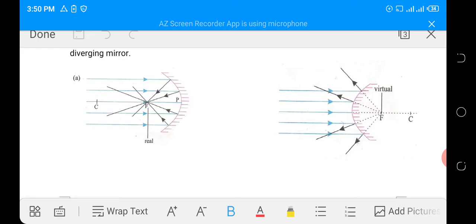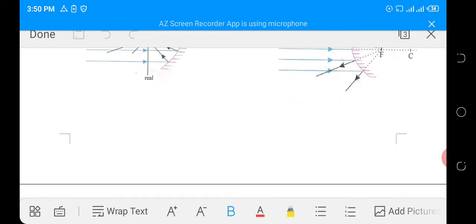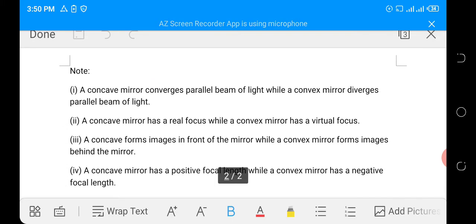So that point is not real, it is virtual. That is why the focus is virtual. So we should take note: a concave mirror or converging mirror has a real focus, while a convex mirror or diverging mirror has a virtual focus.